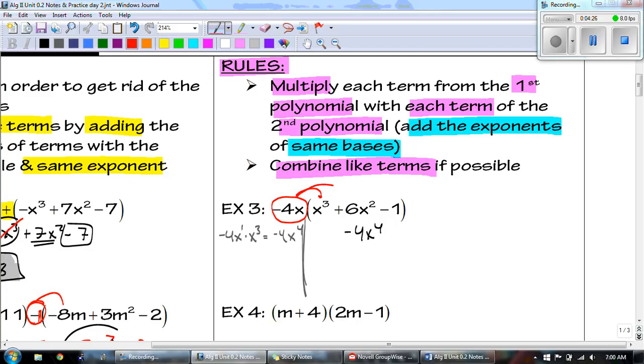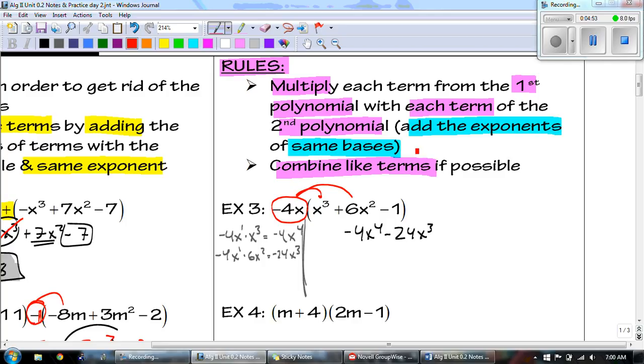Now the second thing that we're multiplying is the negative 4x times 6x squared. Negative 4 times 6 would be negative 24, and then x to the first times x squared is x cubed, because we are adding the exponents.